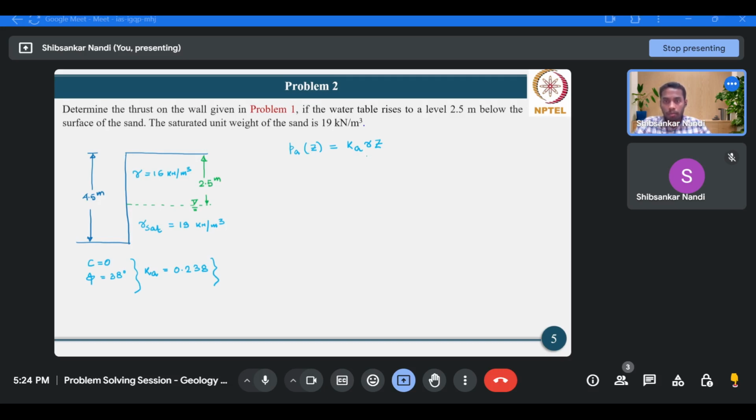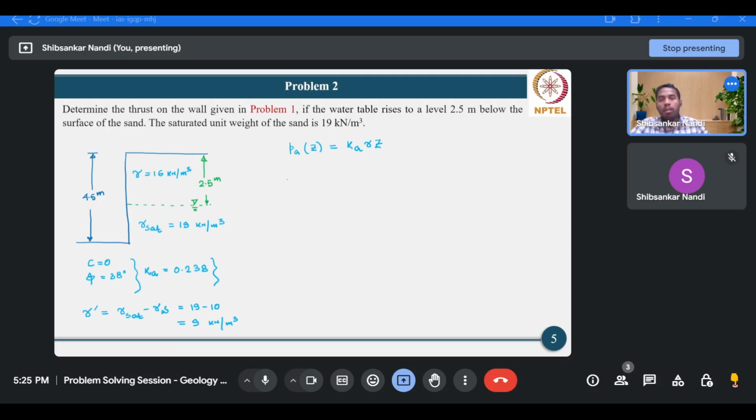If the soil is above the water table, we'll use 16 kilonewton per meter cube. If it is below the water table, then we'll use the submerged unit weight. So we can calculate here the submerged unit weight gamma prime. This is gamma sat minus gamma w, that means 19 minus 10, 9 kilonewton per meter cube. This is the submerged unit weight that we'll use for the backfill below the water table.